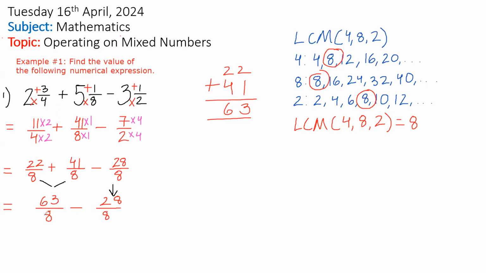And it's going to be equal to, what is 63 minus 28? 35 over 8. Yeah, I got 35 over 8 as well. So we subtract, and it's going to be 35 over 8.